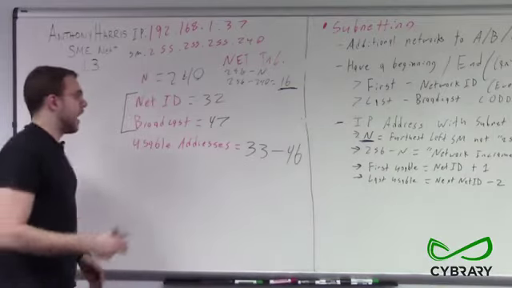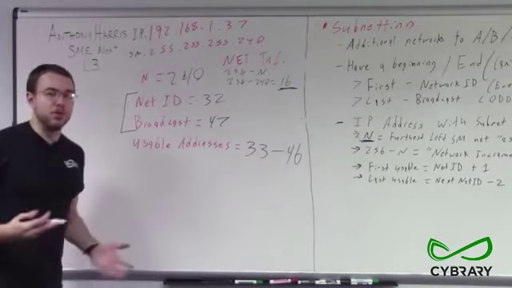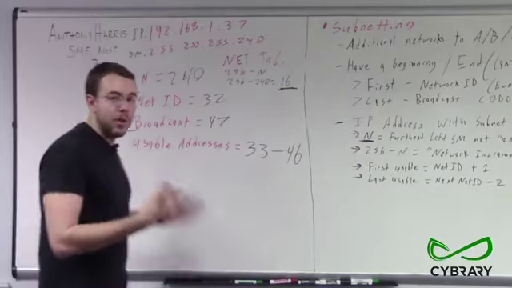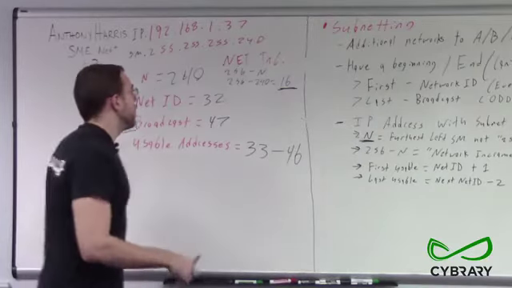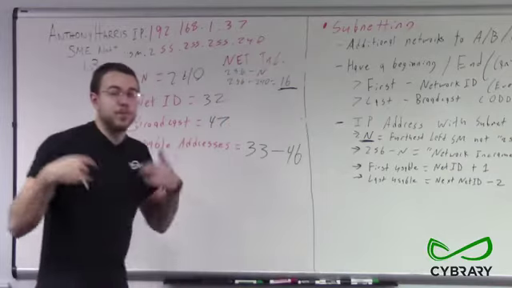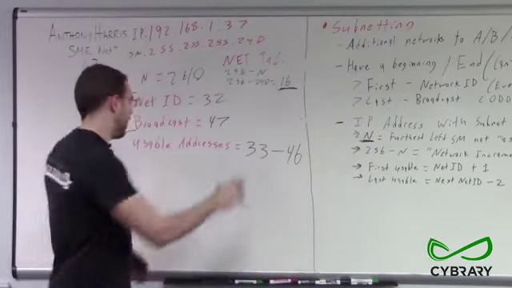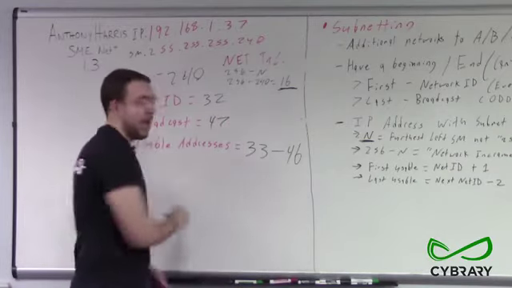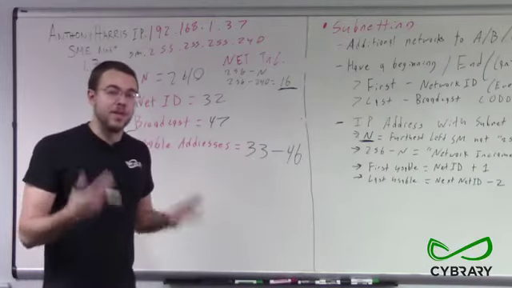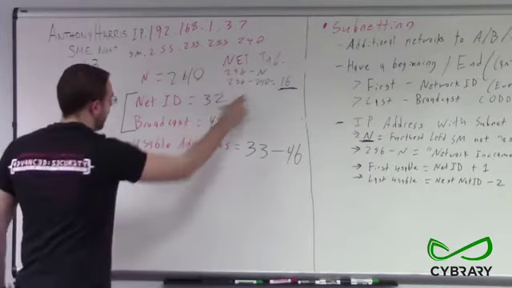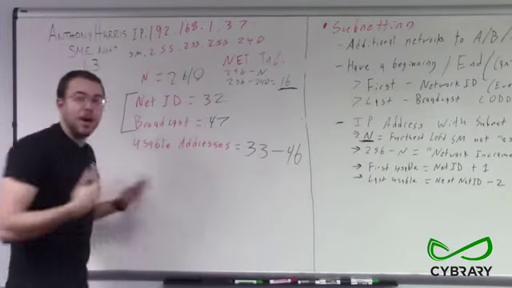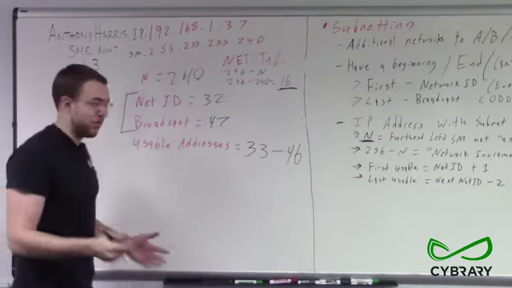Now, how do we find the actual number of usable hosts in our subnet? Well, in order to find the number of usable hosts, we can just take our network increment and subtract 2. So in this range of usable addresses, we have 14 hosts that can be on this subnet. The way we come up with that number is our network increment minus the network ID and the broadcast ID, because we can't use those.